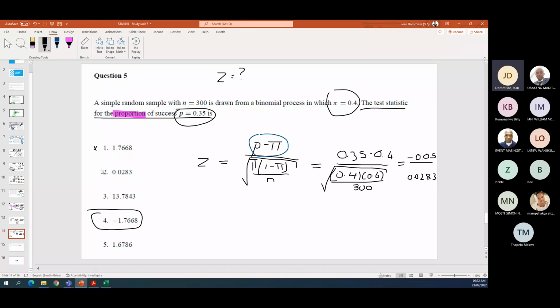And look how interesting that is. So again, in your assignment, if that was your answer, you probably would have gotten 1 point. So what is minus 0.05 divided by 0.0283? It is minus 1.76.